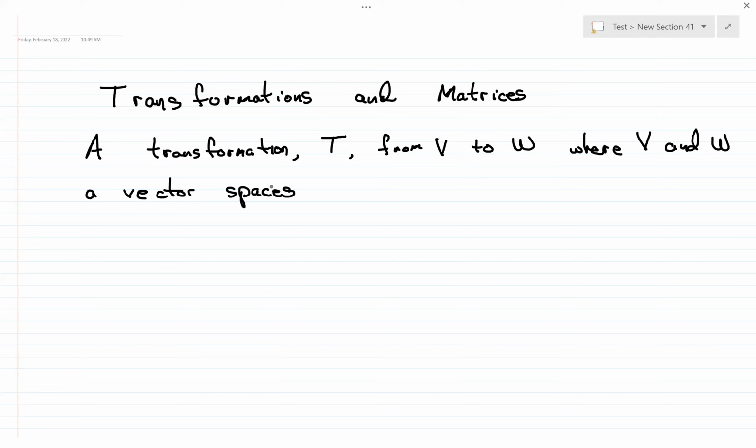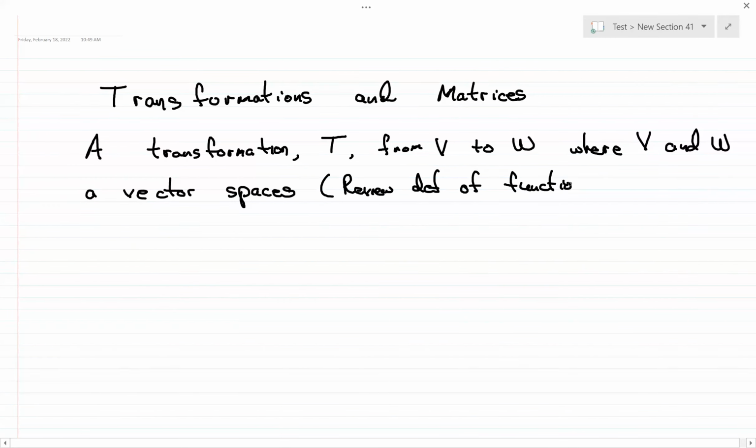And there are properties of functions, which might be good to review. So you might want to review, I'll put it in parentheses here, review the definition of functions given in Math 3100.